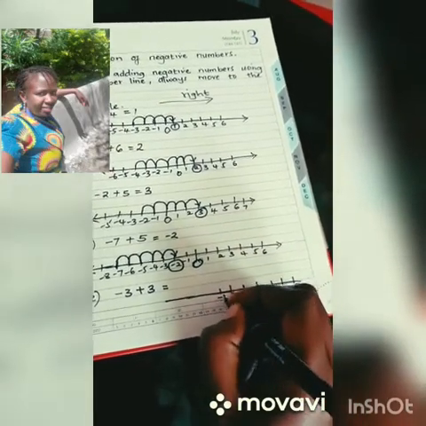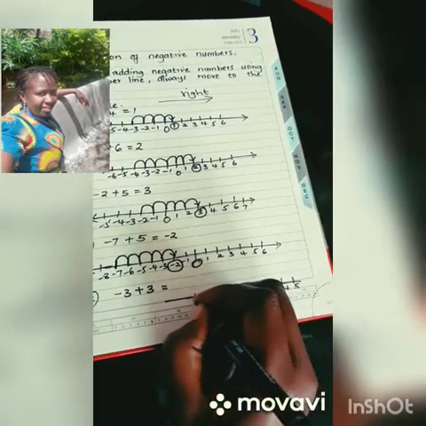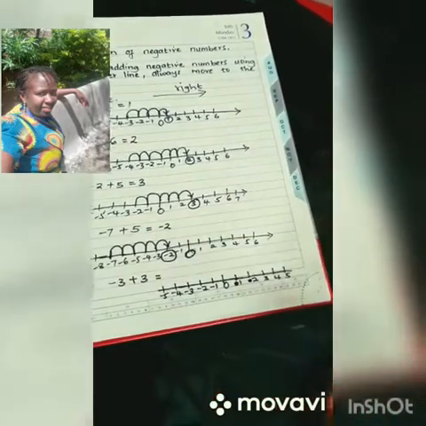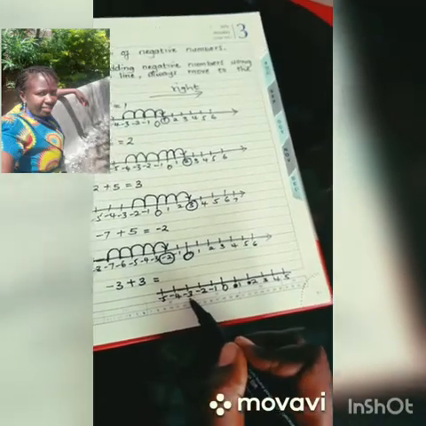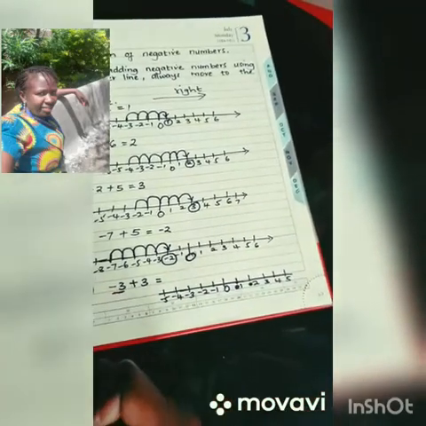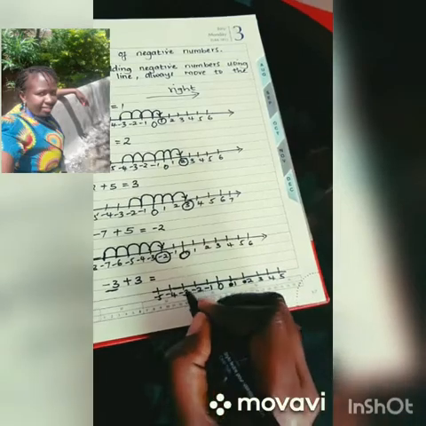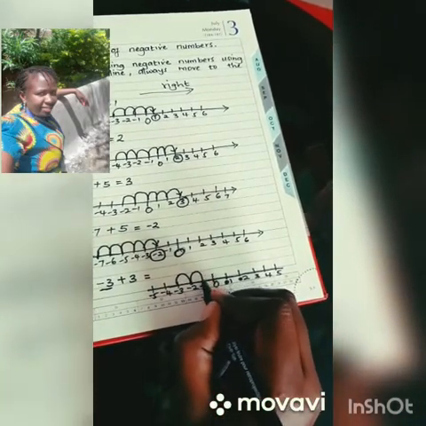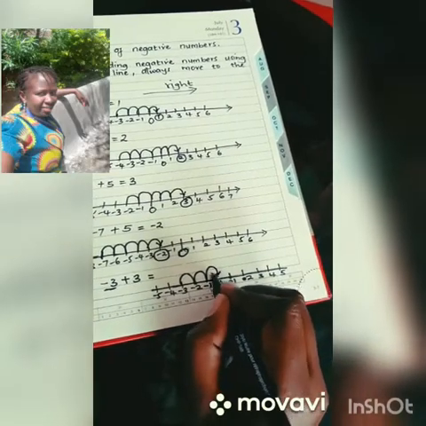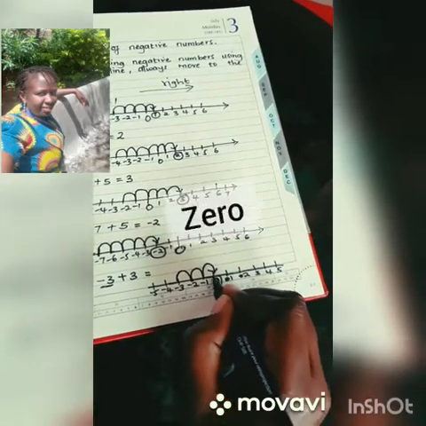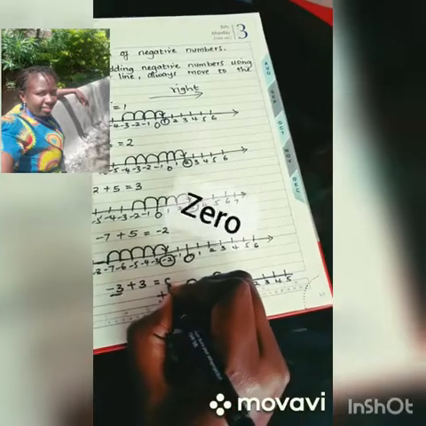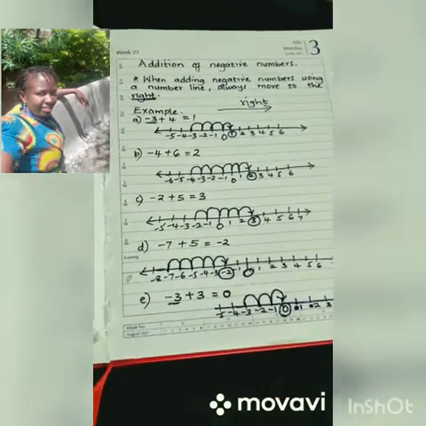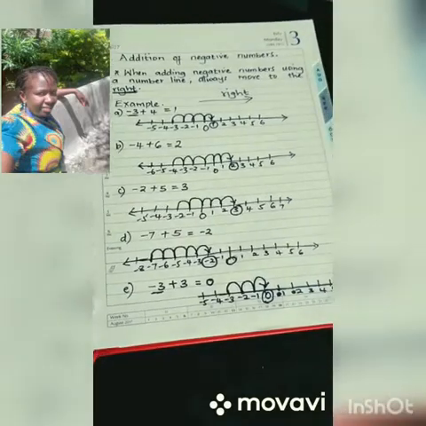On this side we have -1, -2, -3, -4, -5. So this is -3, starting point, -3. So -3 plus 1, plus 2, plus 3. And what is our answer? Our answer is 0.